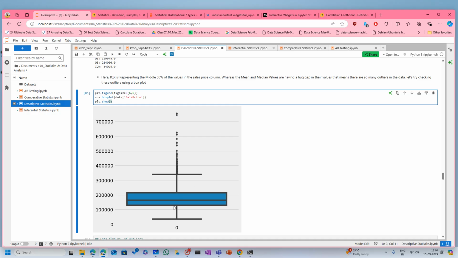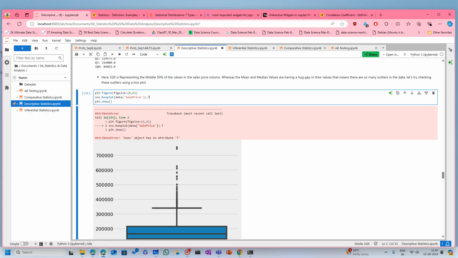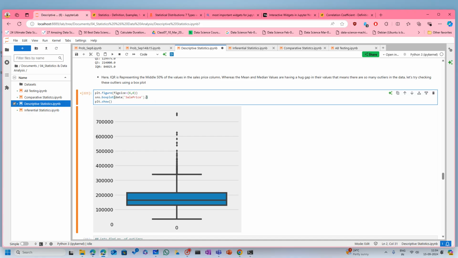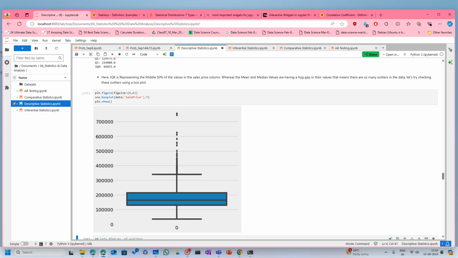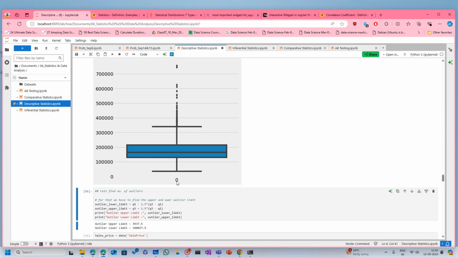And this box you see, the first line here is your Q1.